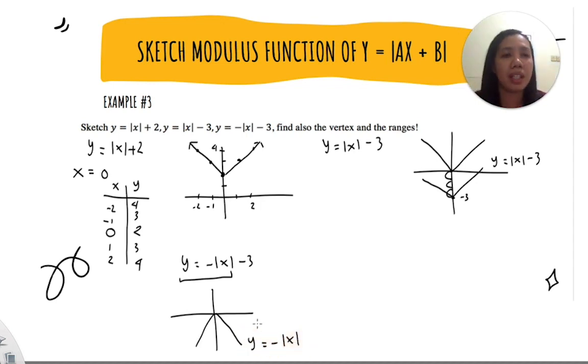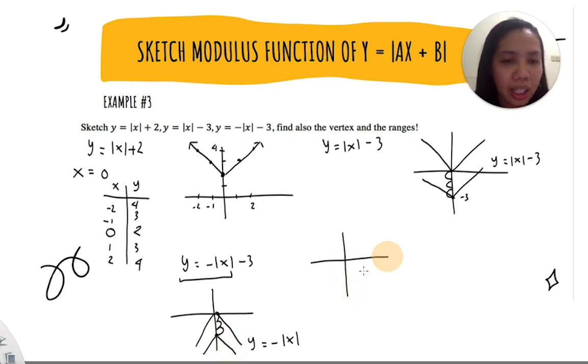Now, as we have known before, if we subtract from y here, then the shifting will be downward. So we also shift this original function downward by 3 units. Let's count here, 1, 2, 3. So this is minus 3, then the graph will be like, I'm going to draw more clearly in here. 1, 2, 3, this is minus 3. Okay, here you are. This is the graph of y equals minus the absolute value of x, minus 3.